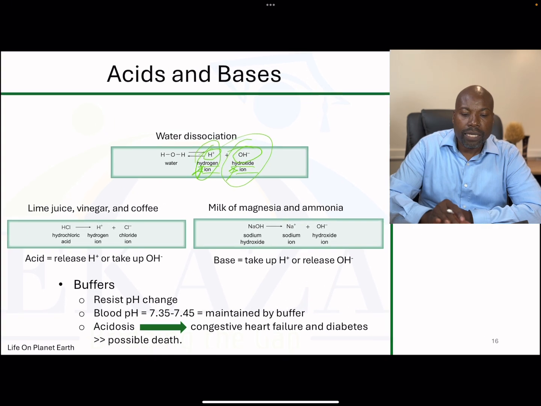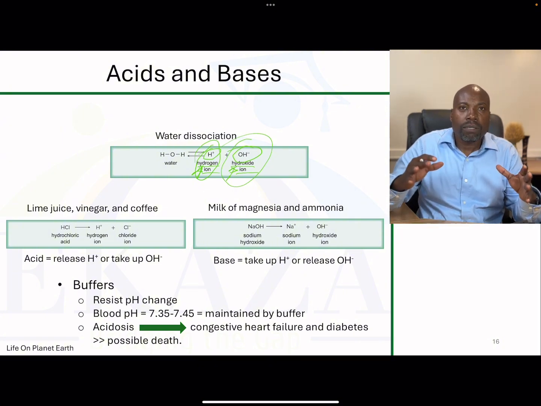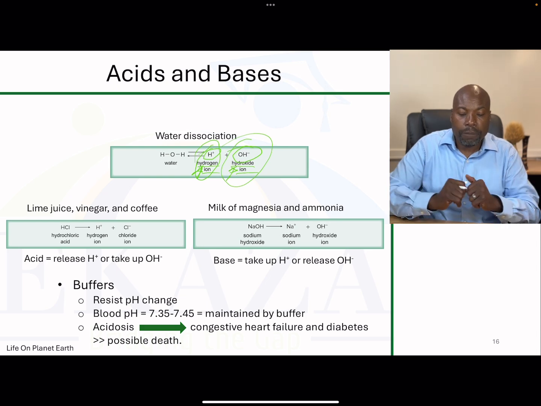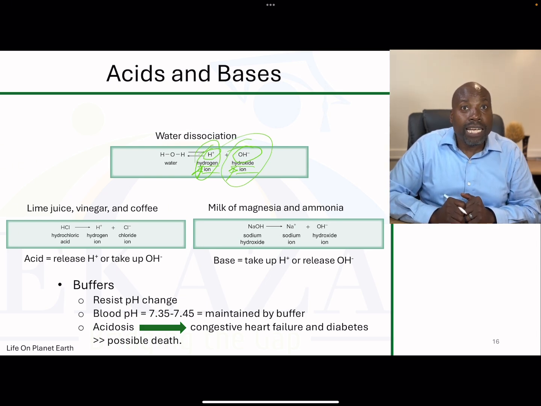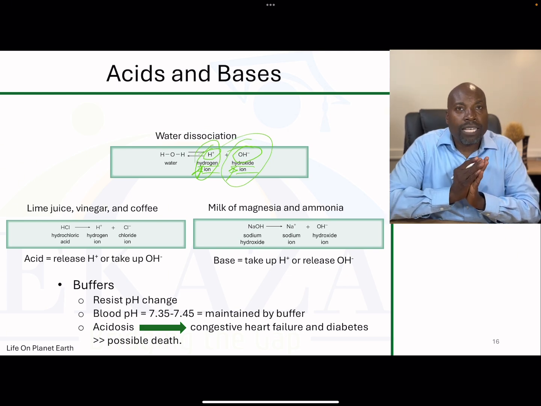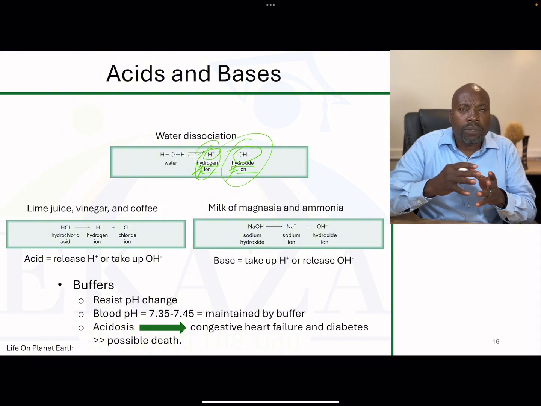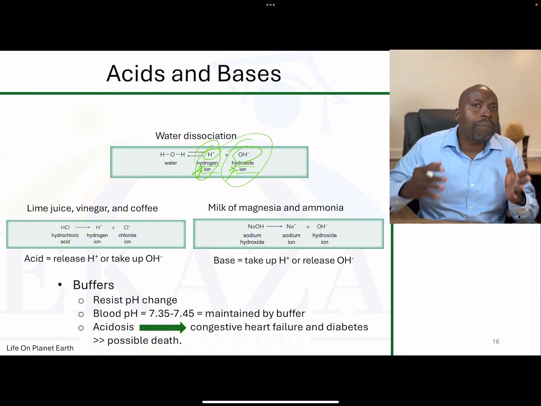This would be in an ideal solution of water, which is pure water, right? But we know that in nature, things do not work like that. So we are going to ask the following. Well, the chemicals that come in contact with water, how do they behave?